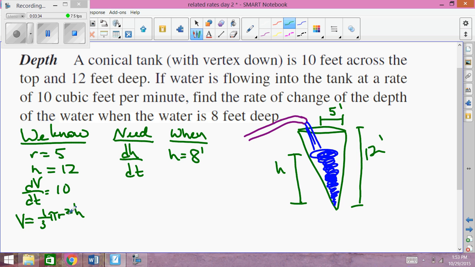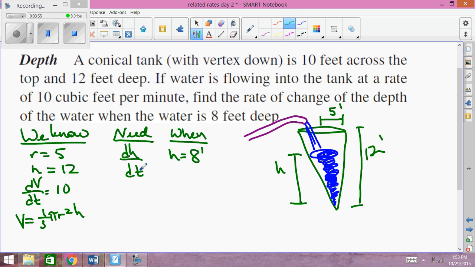But here's the problem: we have V, r, and h. After using the product rule to take the derivative, we're going to have a lot more variables, and we don't have enough information to get rid of all these things.